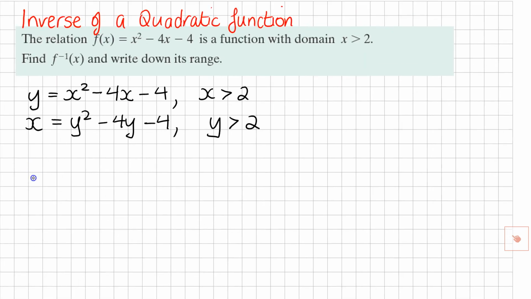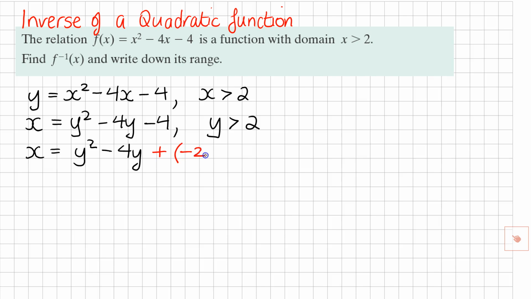So I'm going to write this as x equals y squared minus 4y, and I'm going to add minus 2 squared, and I'm going to subtract minus 2 squared, and not forgetting I still have this minus 4 at the end.